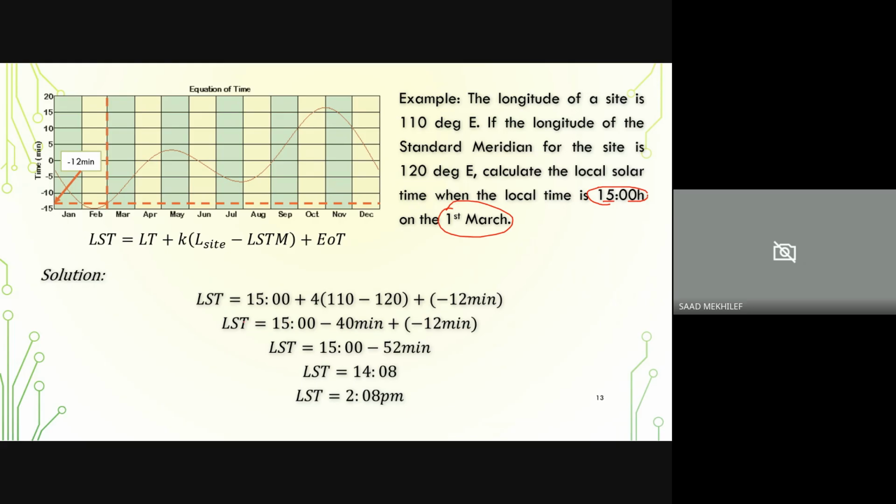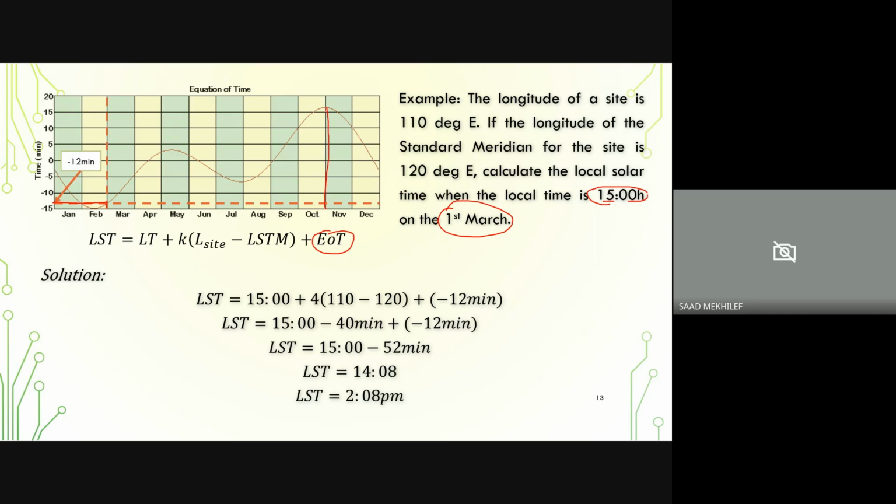So we calculate, and this 12 minutes is the equation of time. If you come here, you can calculate. This is the curve of the equation of time. This is the 1st of March, and then you come here, it is equal to minus 12. For example, if you have 1st of November, then this is the equation of time.